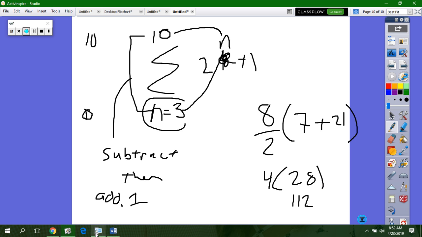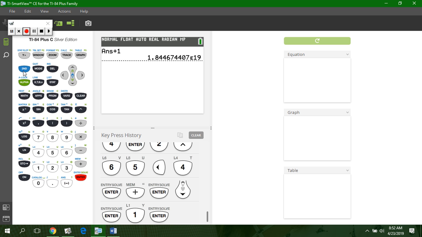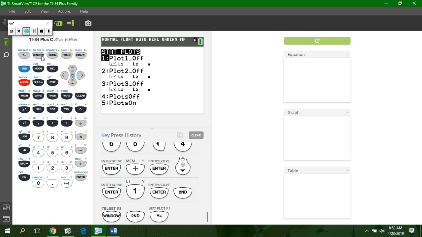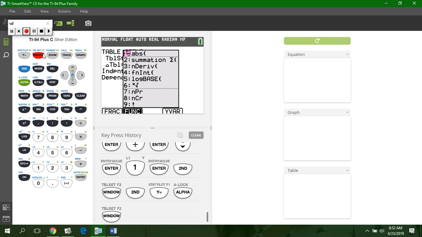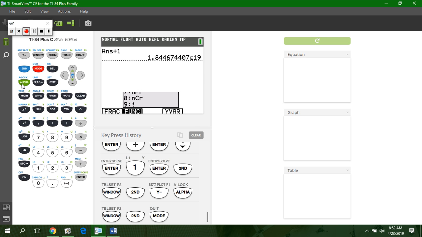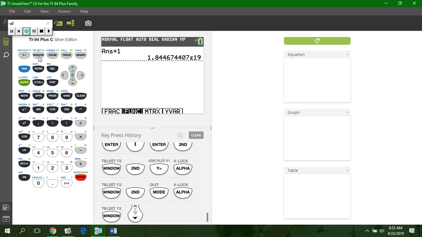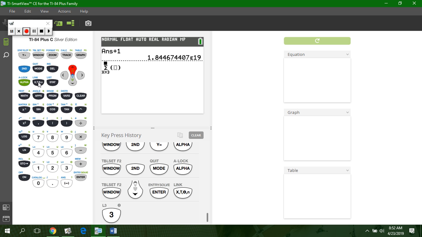Notice, guys, I'm going to show you on my calculator. You could actually do this on your calculator if you were able to use this, but you guys aren't. There it is. Okay, hold on. I had to figure out where it was again. So if you guys look down here, the summation one, number 2. So I just put in x equals 3 to 8.